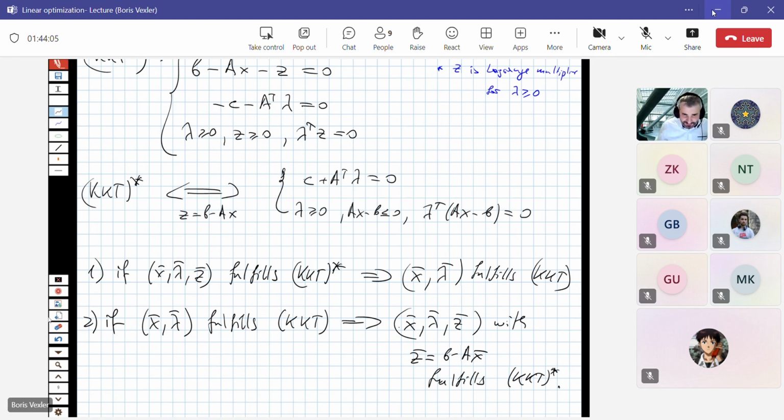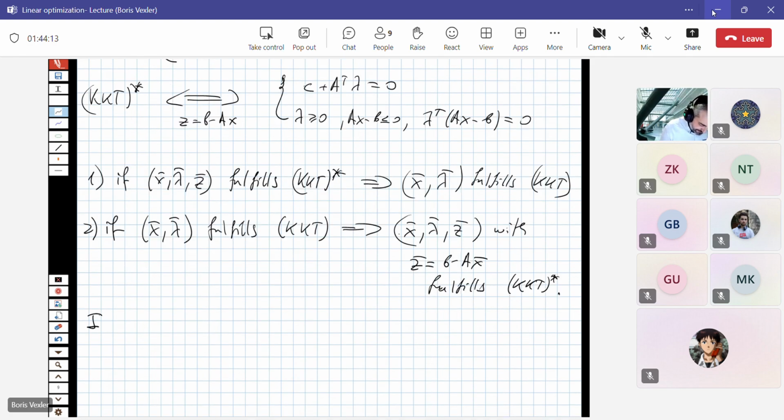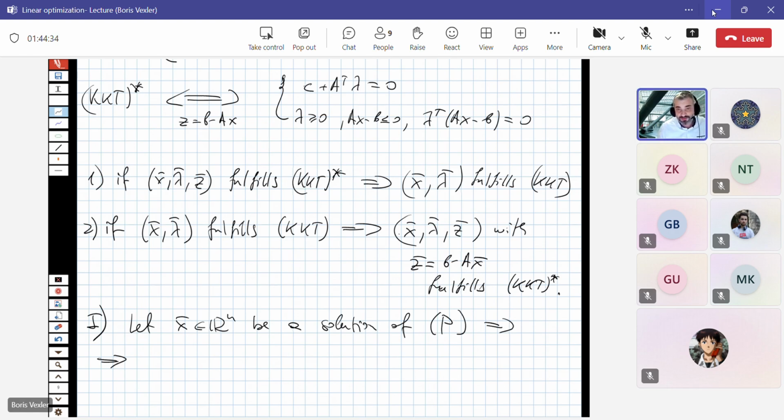Now we can argue very interestingly. First of all, statement 1: what happens if we know that x bar is a solution of P. Let x bar in R^n be a solution of P. Then we know that there exists lambda bar, a Lagrange multiplier, such that this pair fulfills KKT conditions. This is our necessary optimality condition.